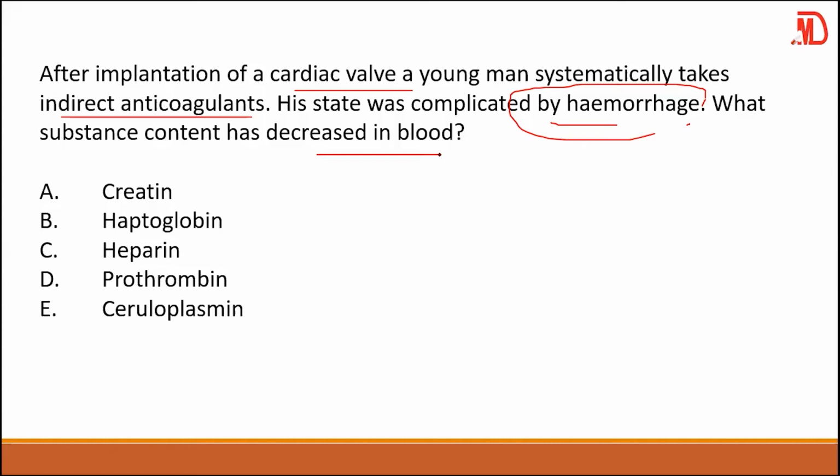When there is a decreased prothrombin, it means that the prothrombin time will be increased. So what substance is decreased in the blood? Of course, prothrombin. And when prothrombin is decreased, the prothrombin time will be increased because you need more time before it can work.